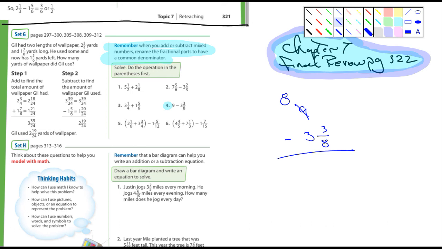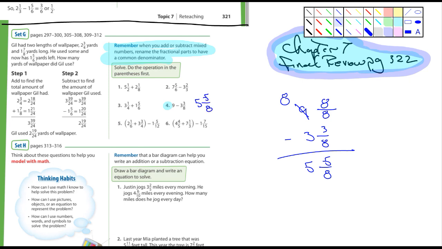So if we've borrowed 1 from 9, if the denominator's 8, how would we represent a whole, a 1? It'd be 8 over 8. So now we can do some subtraction here. 3 from 8 is what? 5. So it's 5/8. And then 3 from 8 is 5. And so the answer for number 4 is 5 and 5/8.